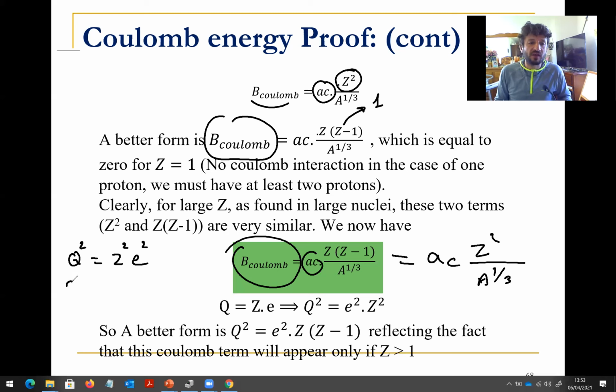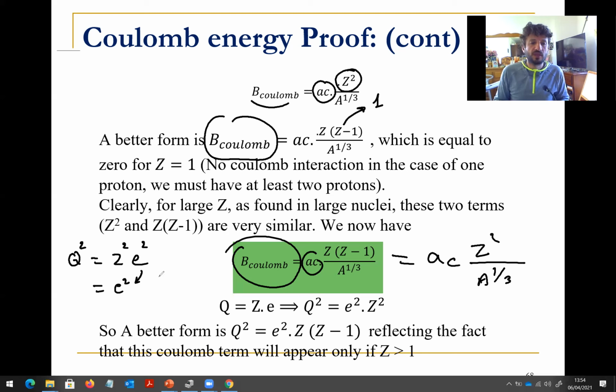Or you can write Z times (Z minus 1) times e square.